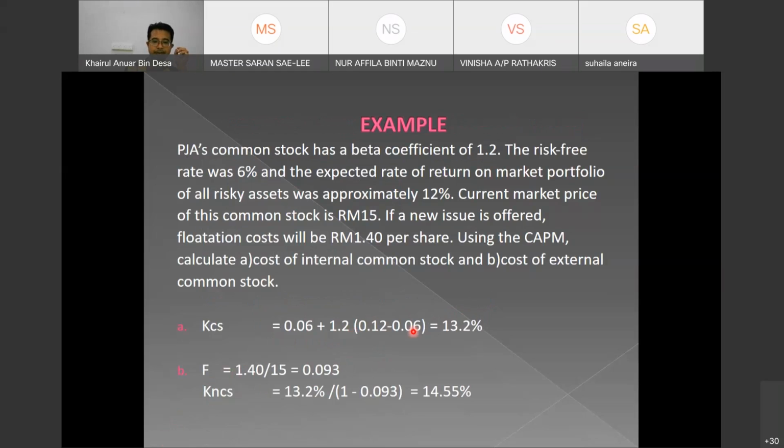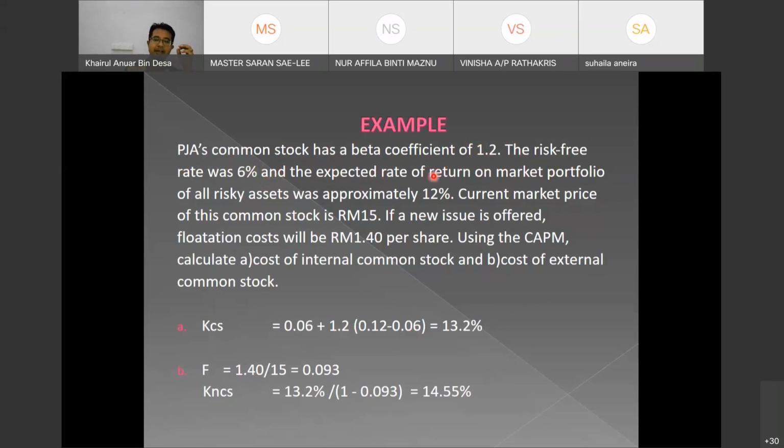Let's look at this question. Common stock beta coefficient, okay, beta. Beta is the overall risk, market risk. Beta is the weight, or beta coefficient.